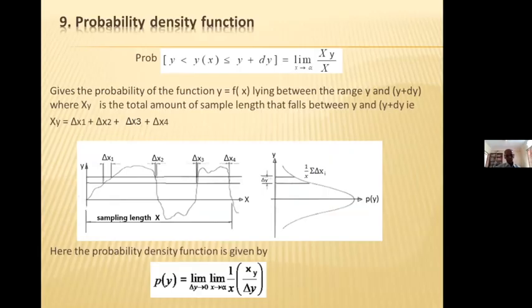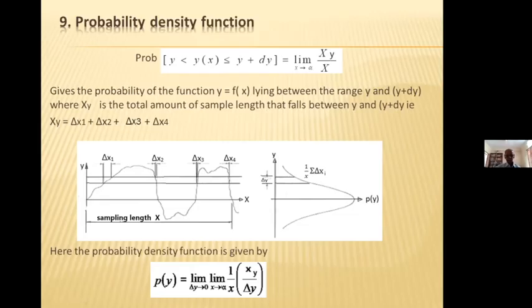If we look at a surface, say this surface, which is y as a function of x. Now, consider the probability of this function lying within a window of dy, between y and y plus dy.